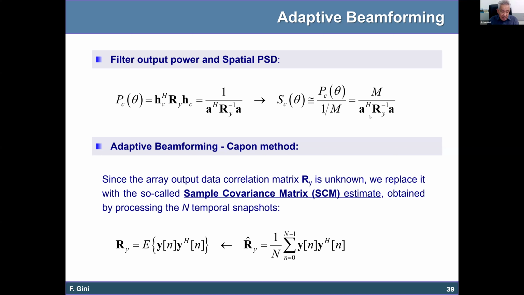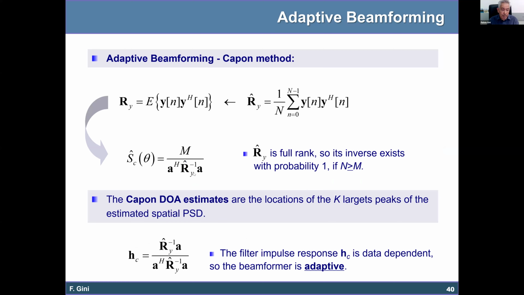And you get an estimate of the spatial power spectral density, as we have done in the case of the classical beamformer, replacing the true Ry with the sample covariance matrix. So we plug R hat here, and we find an estimate of the power spectral density. And we can estimate the direction of arrival simply by looking for the largest peaks.